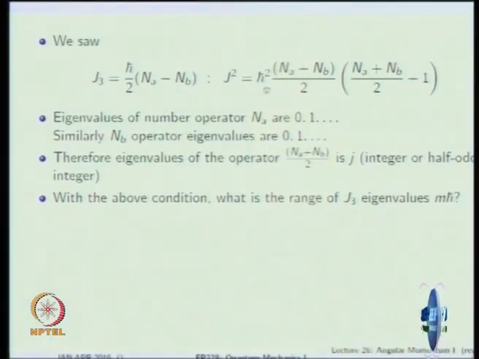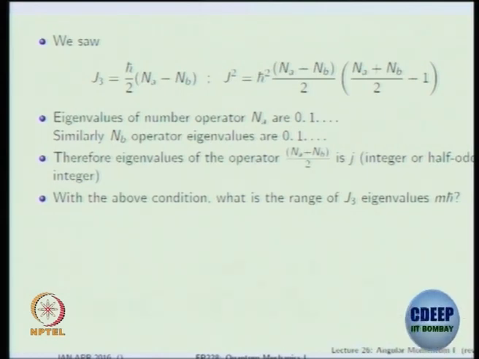What is the eigenvalue of j squared? h cross squared j into j plus 1, which is exactly what you have studied. And the range of m comes natural, it goes from minus j to plus j. So the m explicitly is the difference between the two number operators, and similarly the j in the j squared eigenvalue is half the sum of the number operators.